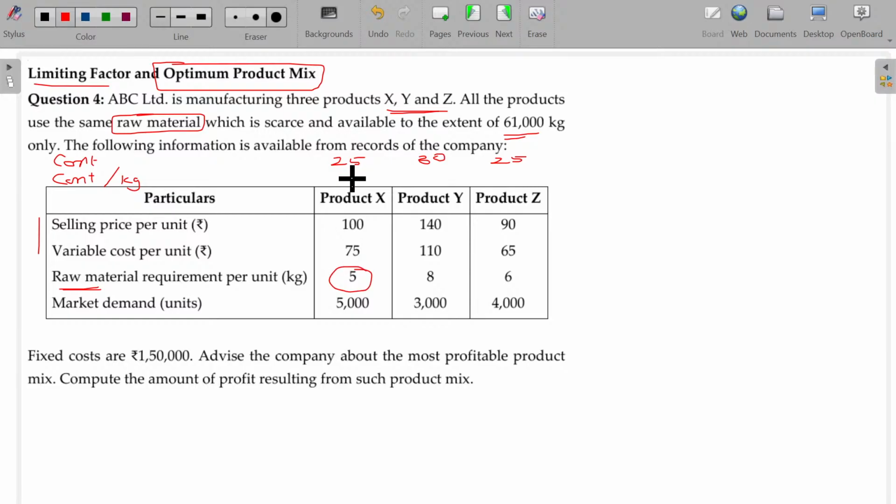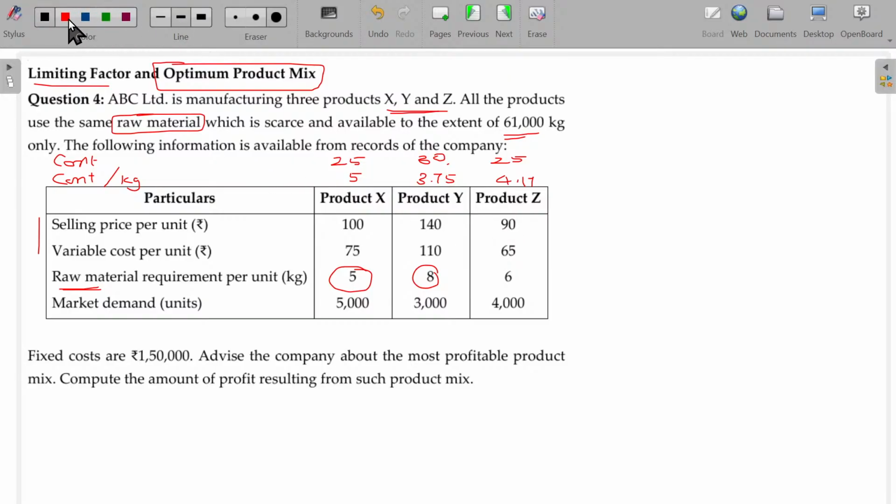For 5 kgs. So 5 rupees per kg. 8 kgs required for 30 rupees contribution, that is 3.75. And the last one is 25 rupees for 6 kgs of raw material, 4.17.